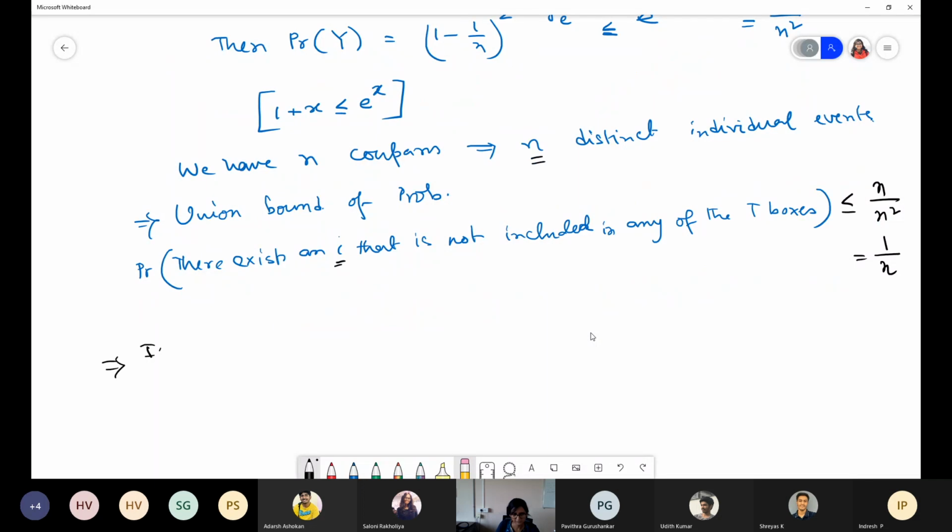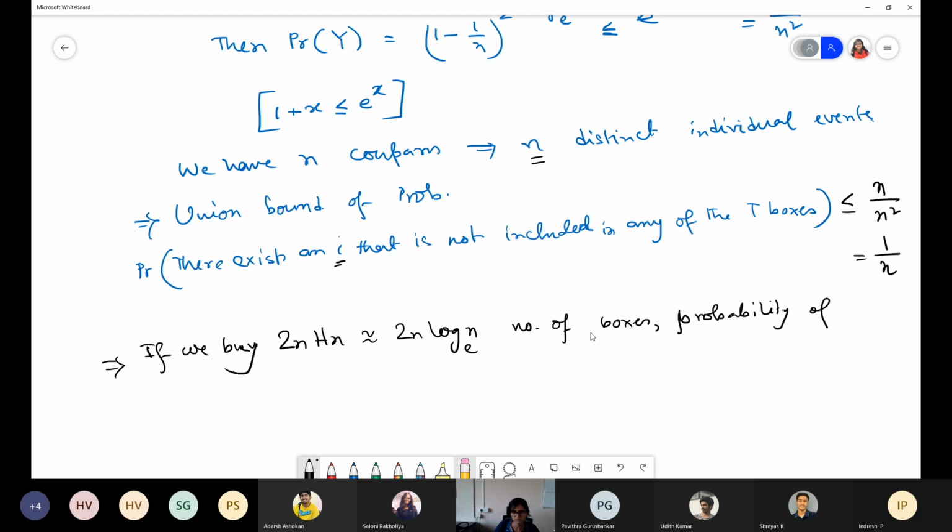So if we buy 2n Hn or 2n log n base e number of boxes, the probability of winning is at least what? You tell me now.